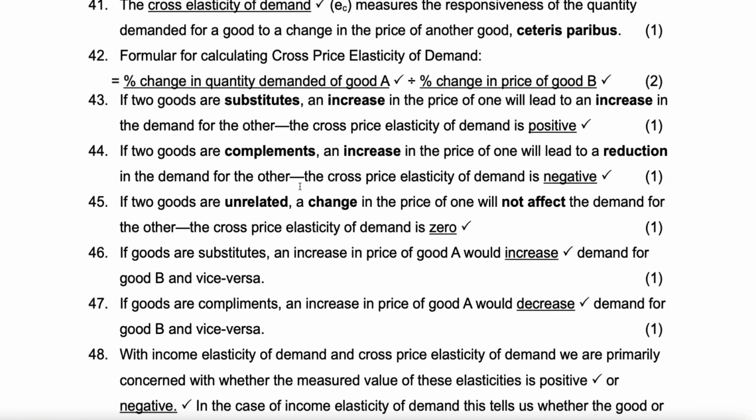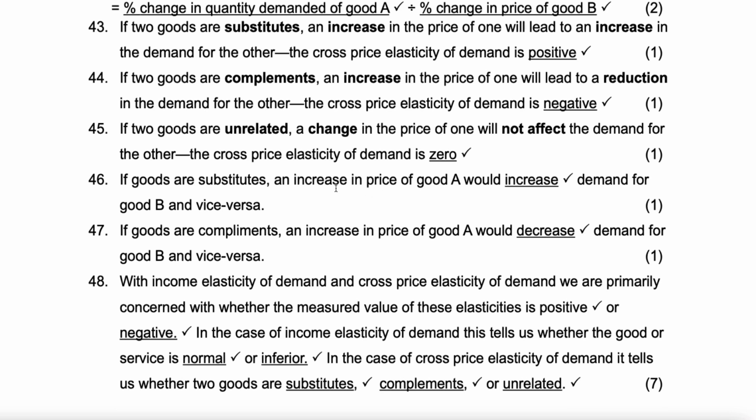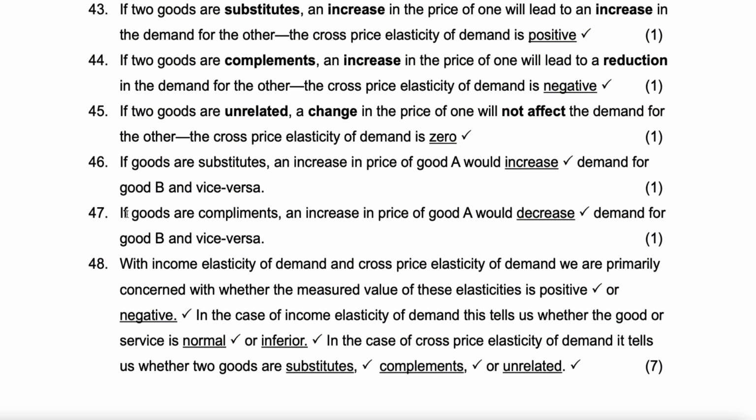Three things that we are trying to see. If goods are substitutes, an increase in the price of good A would increase demand for good B, and vice versa. If goods are complements, an increase in the price of good A would decrease the demand for good B, and vice versa.